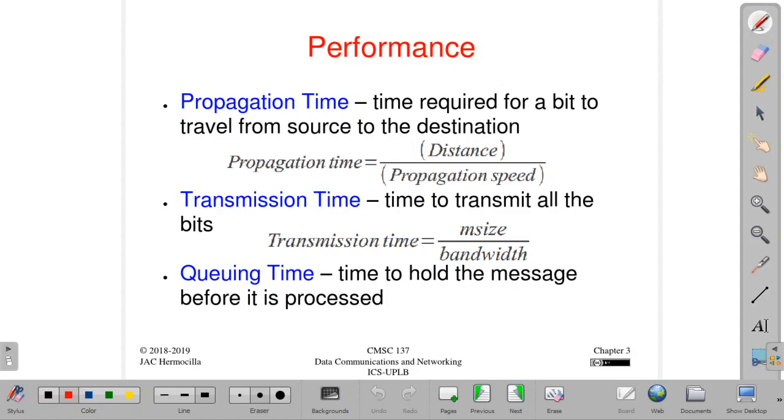So going back, this is for the delay. Okay. So propagation time is the time required for a bit to travel from source to destination. So let's say you have your picture here.